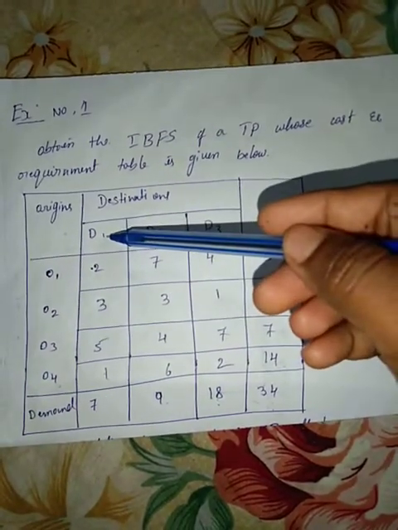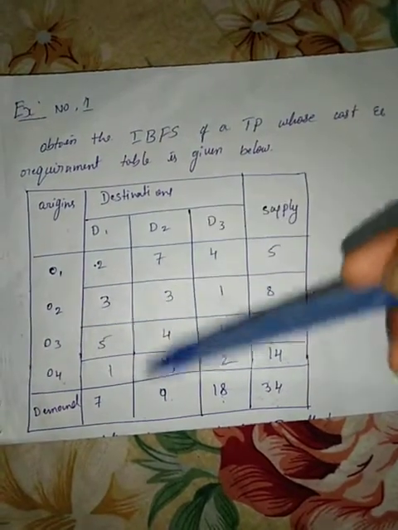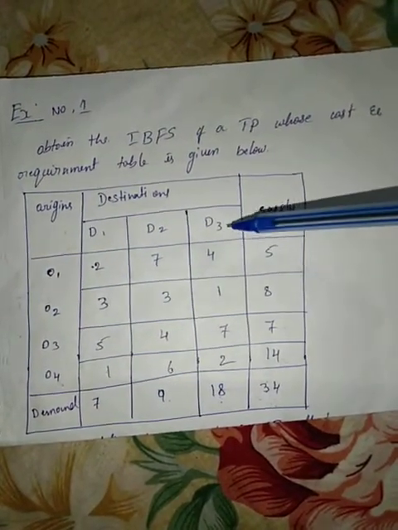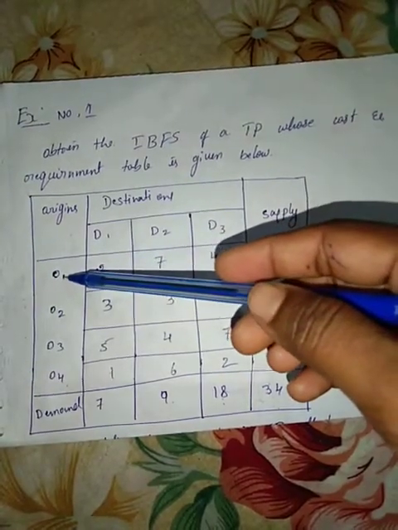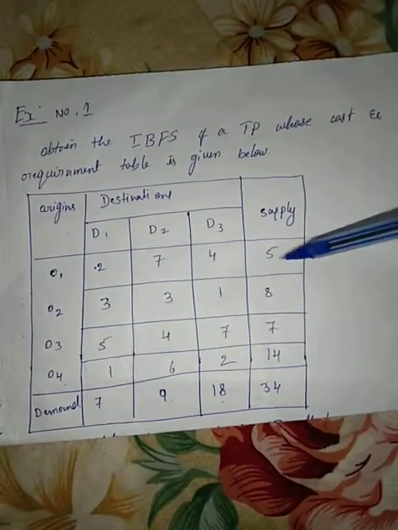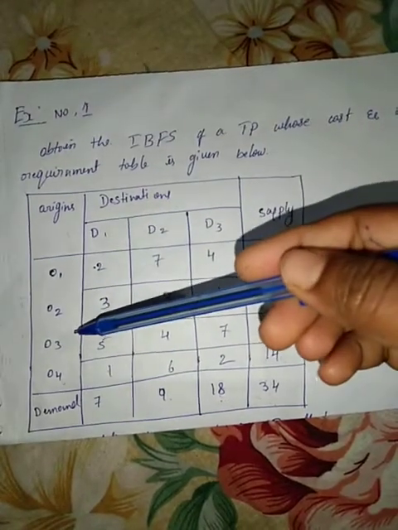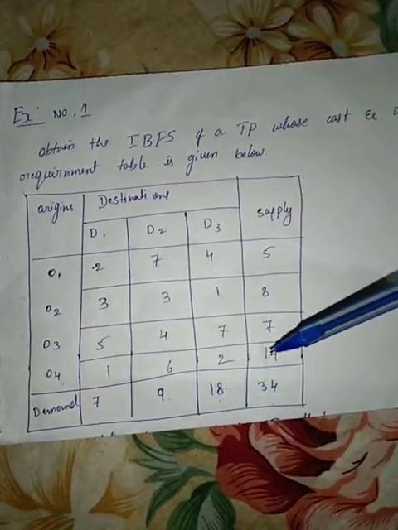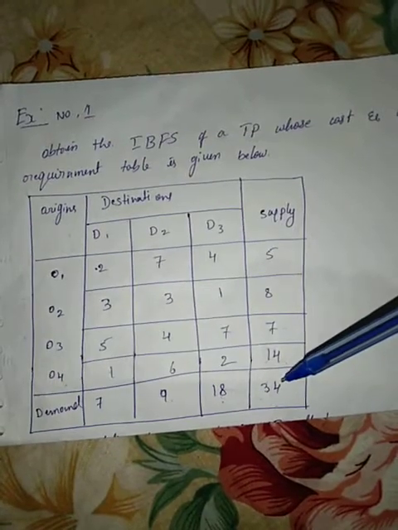Destination 1 demand is 7, destination 2 demand is 9, destination 3 demand is 18, and origin 1 supply is 5, origin 2 supply is 8, origin 3 supply is 7, origin 4 supply is 14, and the total demand and supply is 34.